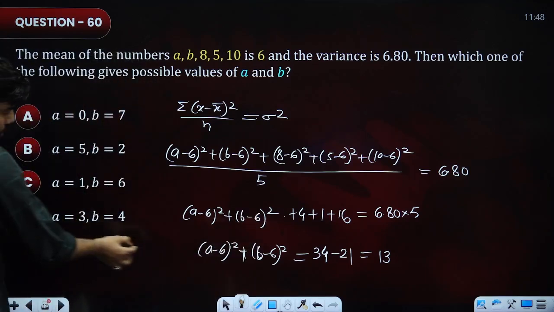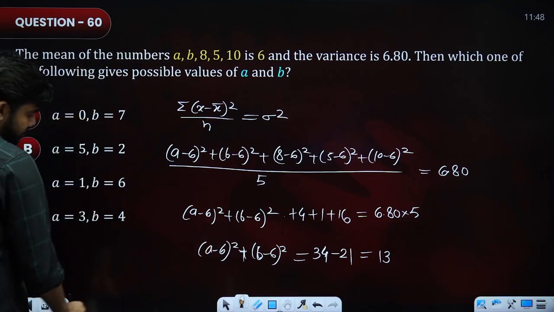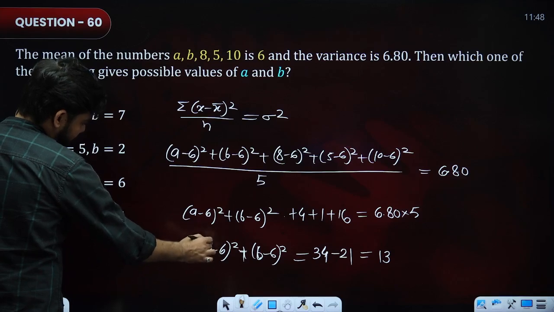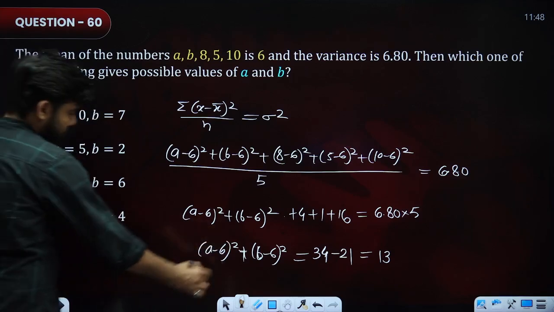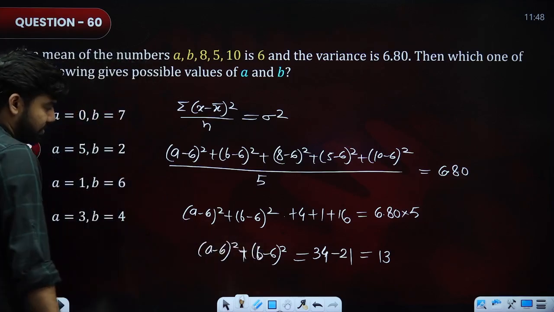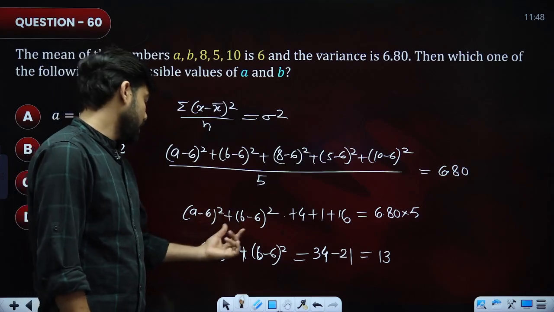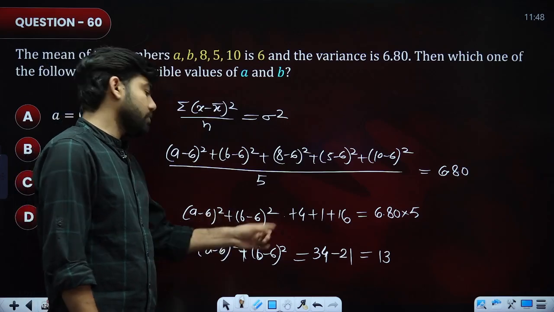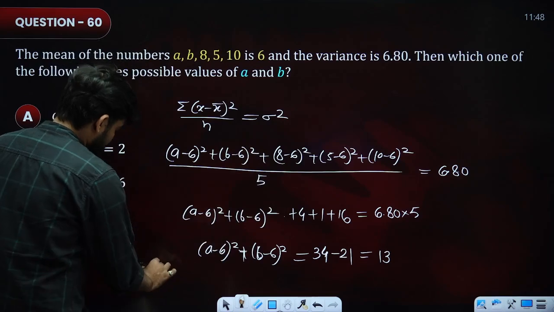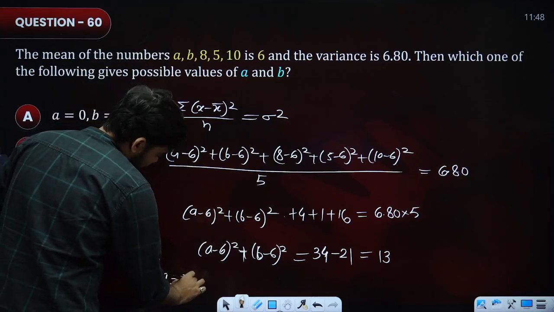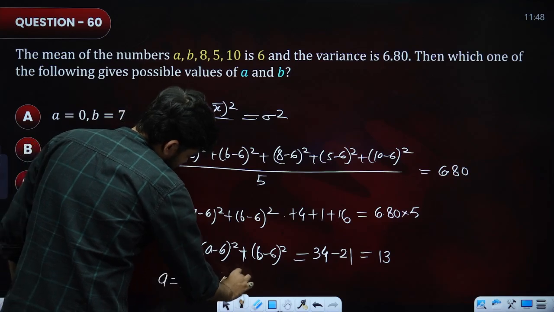If I take 3 over here, 3 minus 6 is minus 3, so 3 square is 9, 4 minus 6 is minus 2, and minus 2 square is 4, so 9 plus 4 is equal to 13. So we can put a equals 3 and b equals 4.